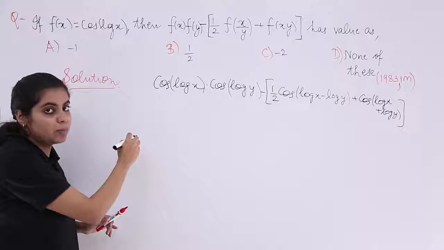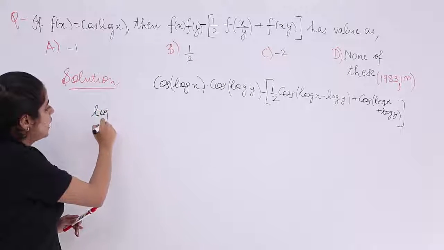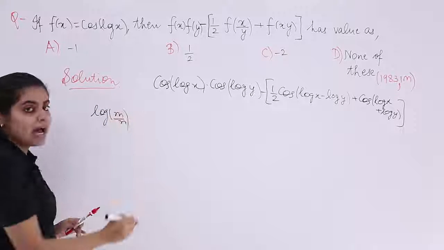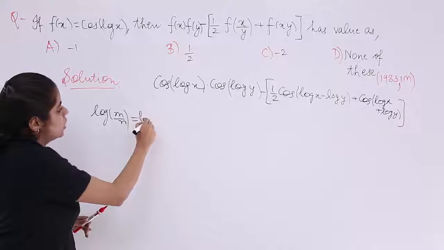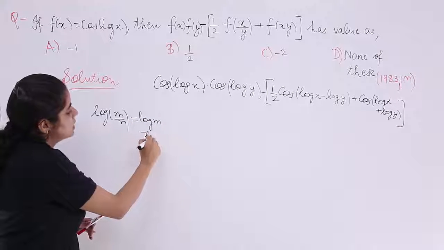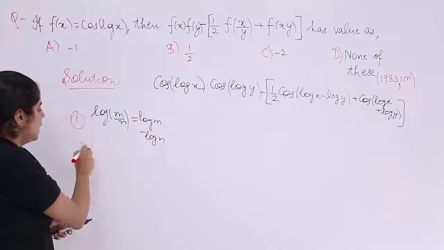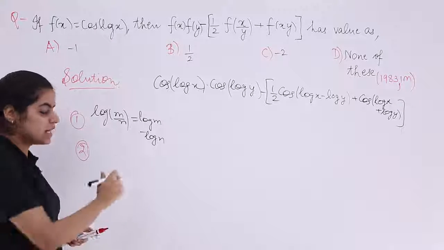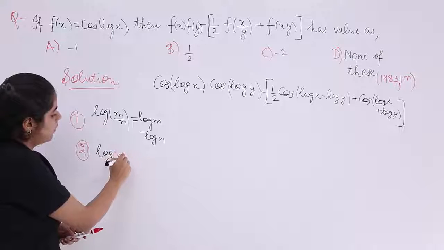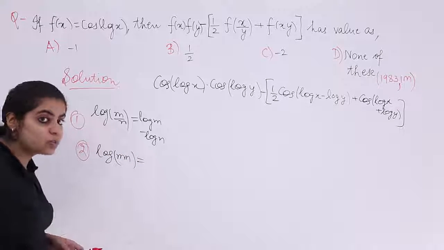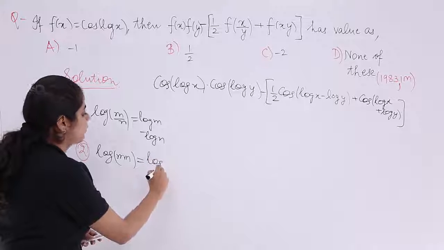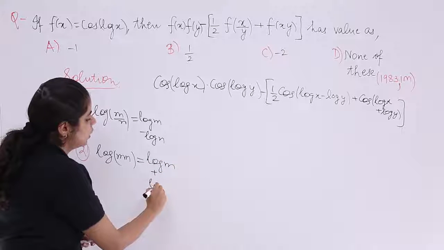Now, let's first write the formulas that have been used. We have used a formula of log m by n, which was log m minus log n. The formula number 1. And another formula, formula number 2 that I used was log mn, which was log m plus log n.